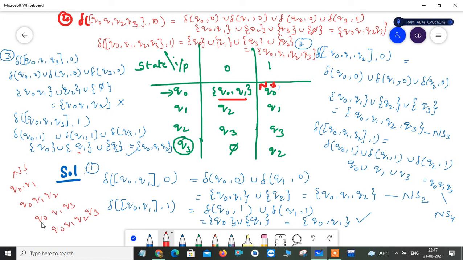Observing this, these two will become final states. You can mark them with a circle representation, because in a transition table the final states are shown by a circle, right?